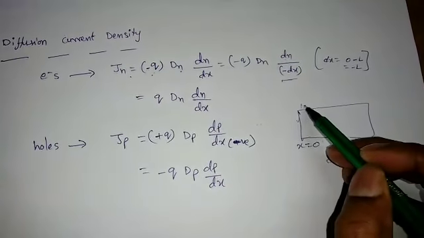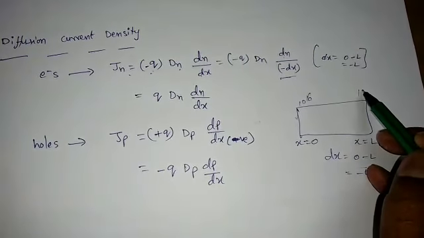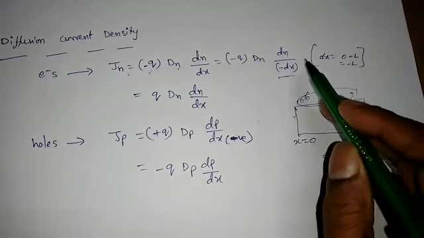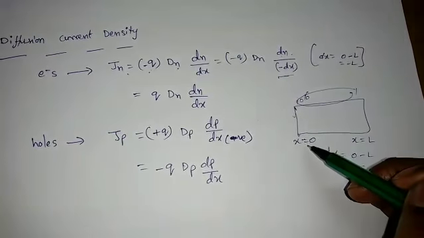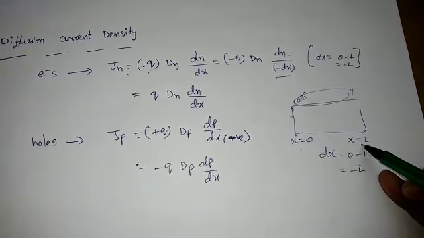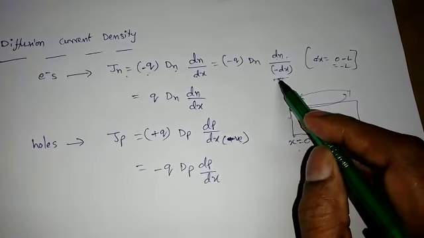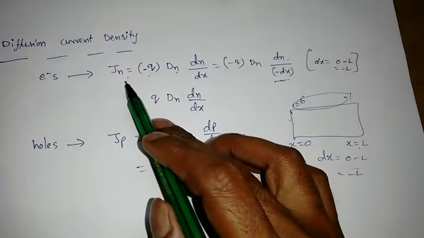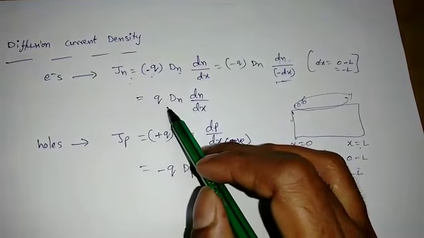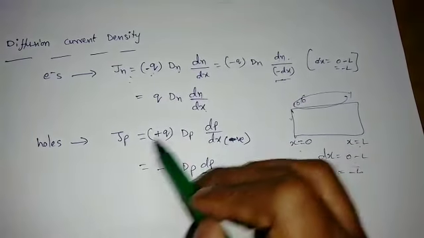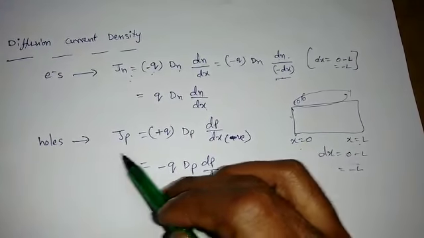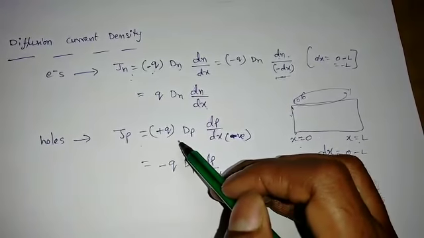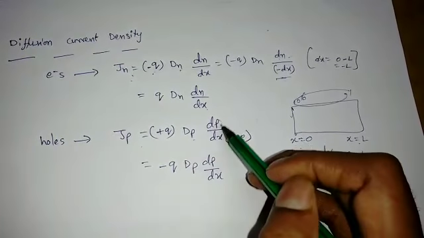dn is, if it is 10 to the power 6 here or 10 to the power something, that difference I can take directly as dn. But if we go from x is equal to 0 to x is equal to L, then I get a negative sign. So that's why for electron diffusion current density we have q into Dn into dn by dx. Similarly, for holes, Jp is equal to plus q into Dp into dp by dx.